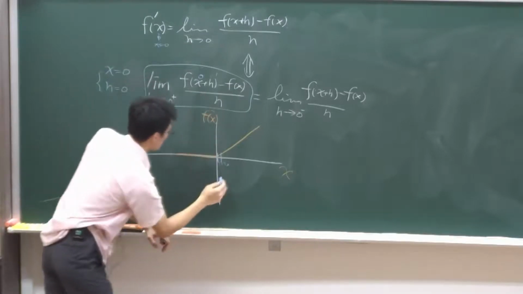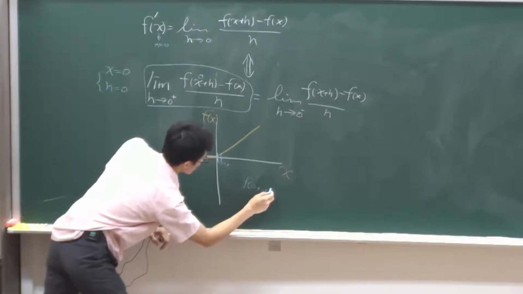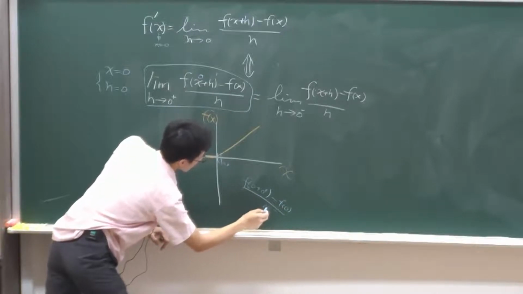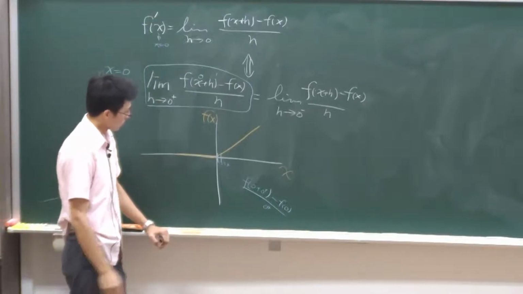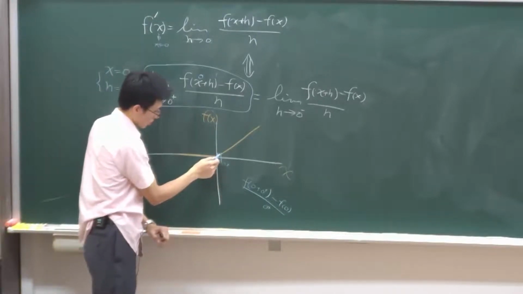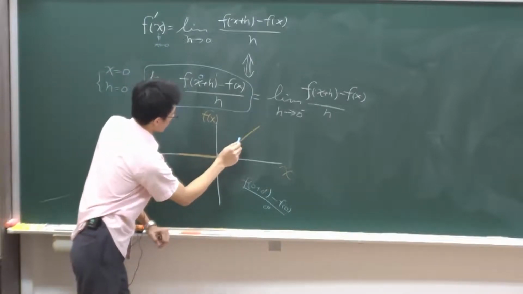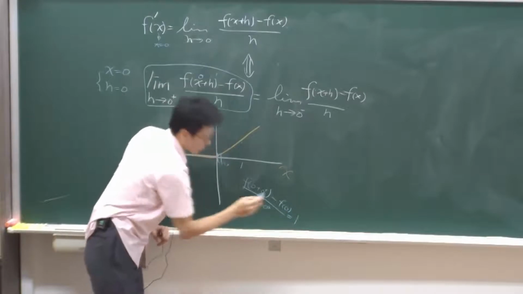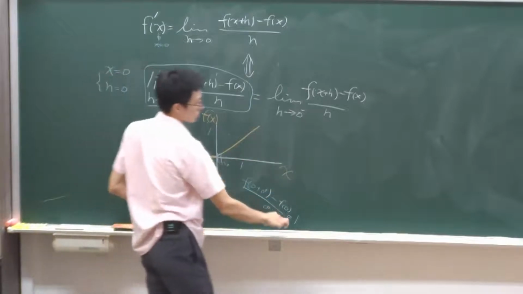So at f of 0 plus, 0 plus minus f of x, which is 0, divided by 0 plus. Which means it is the slope of this, right? And what's the slope? If it's a straight line and it's 1, then the slope will be 1, right? And how about this part?